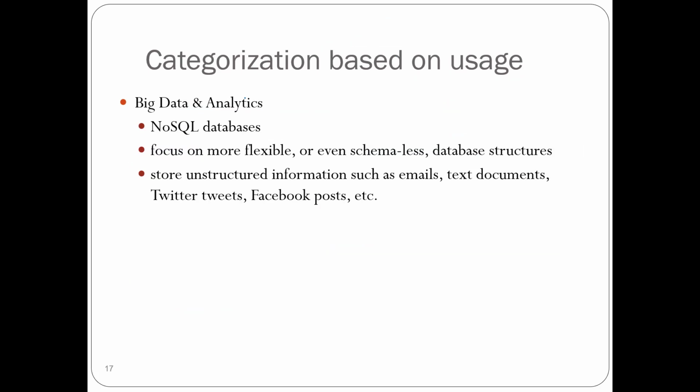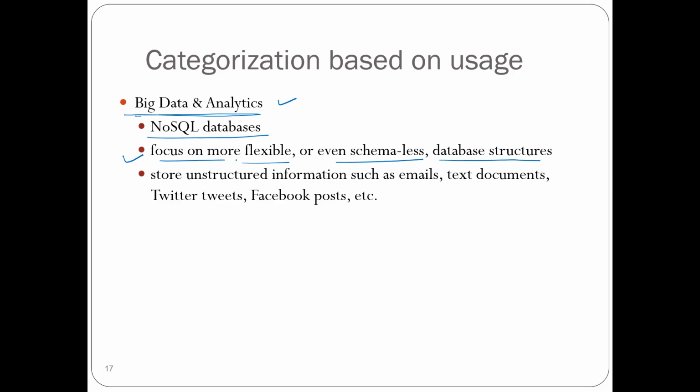For usage, we have another class, that is big data and analytics. For big data and analytics, you have NoSQL databases, and the focus of NoSQL databases is on flexibility. They are more flexible and schema-less in their database structures.